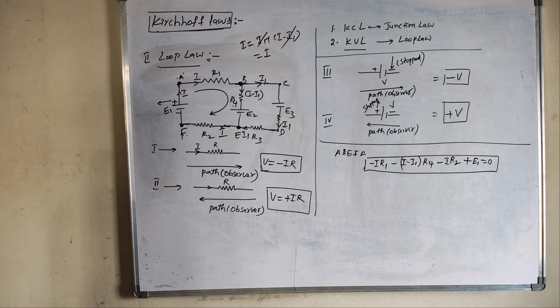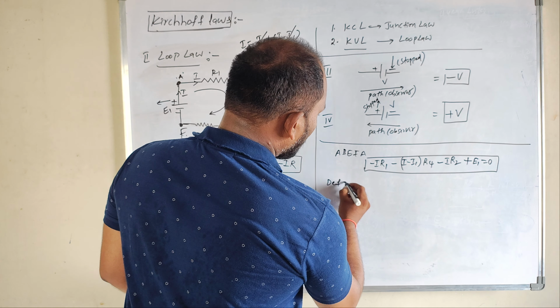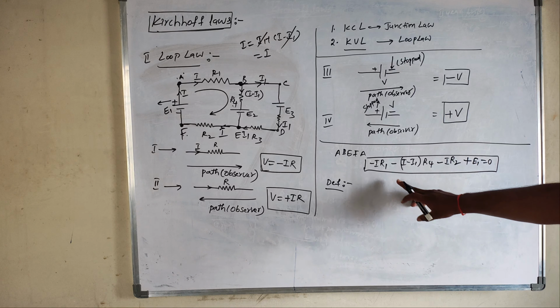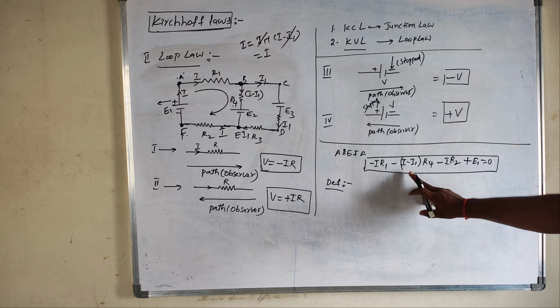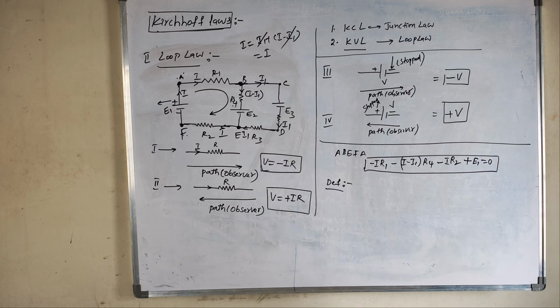So what is the definition of loop law? Observe: this is a decreasing potential difference, and this is an increasing potential difference.